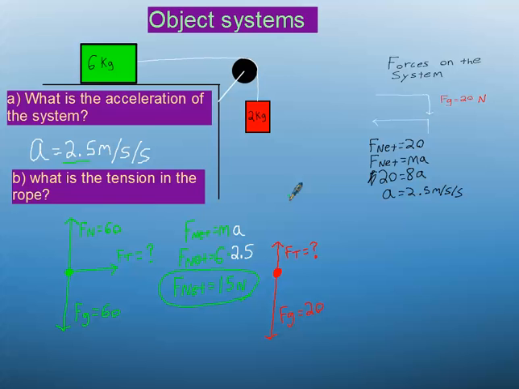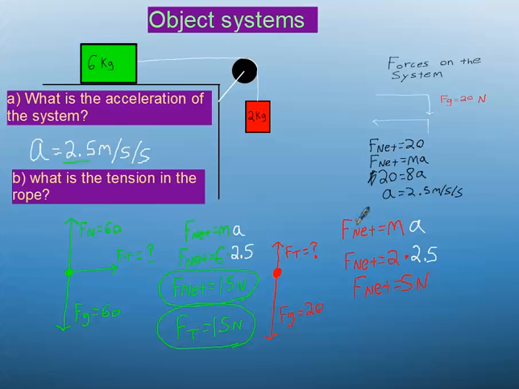If I take advantage of that information for the green block, then I get a net force of 15 newtons. Since that net force is coming from the force of tension, I find out that the force of tension is equal to 15 newtons. But I just said a second ago that we should get the same force of tension on the red block, so let's give that a try and hopefully they'll match up.